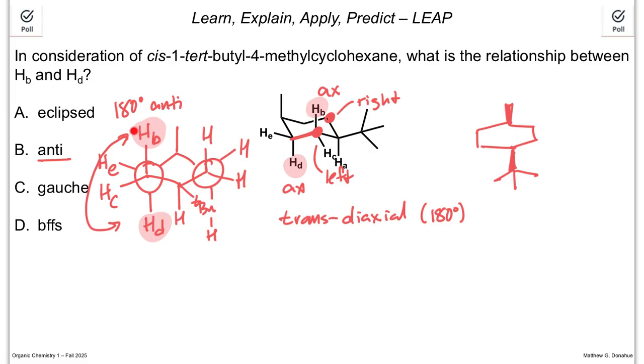So as we rotate, where do we stop when we get to that desired H, which is HD? So from here to here, that's 180 degrees. So if we wanted to analyze these other ones, we would see how much tilt to get to HE or to HC.